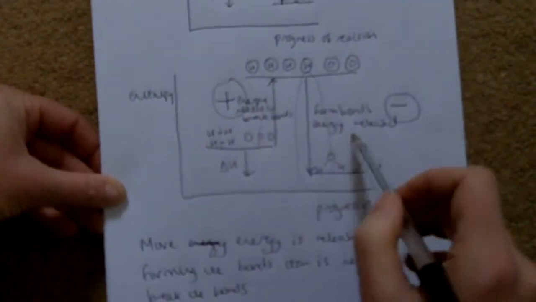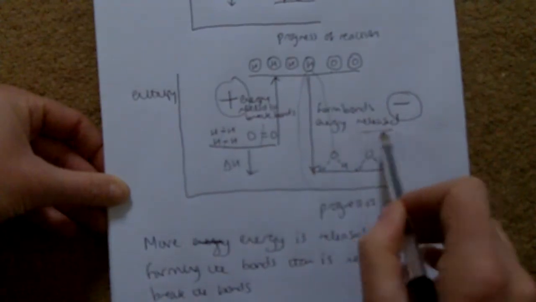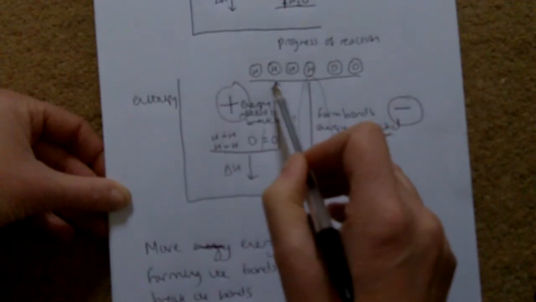So more energy is released, bigger arrow, when forming the bonds than is needed when breaking the bonds.